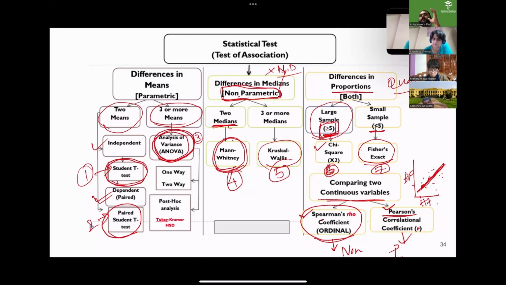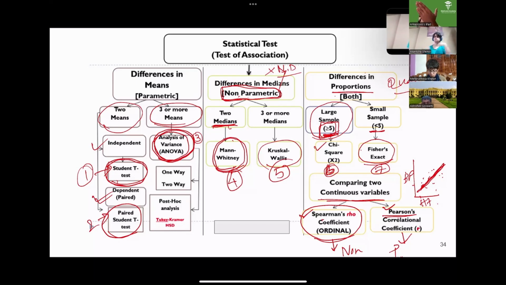Dependent variable is, let's say you are measuring the blood pressure and the height. Your assumption is that with an increase in height, the blood pressure increases, or with an increase in weight, your blood pressure increases. So blood pressure is dependent on what? The height in this case, or the weight, whichever variable you take.